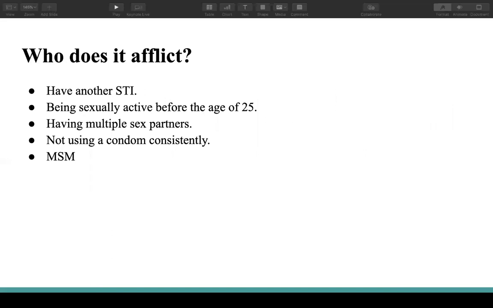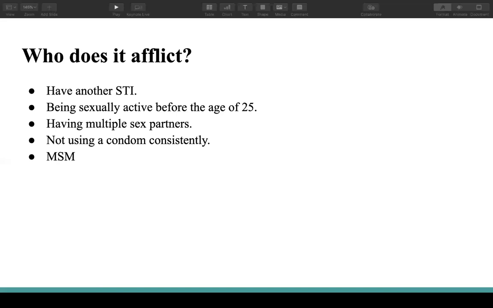Who does it afflict? Who has more chances to get chlamydia? People who already have another sexually transmitted infection, and people who are sexually active before the age of 25. It was actually mentioned in the article that there were more cases of chlamydia in women who were sexually active between the ages of 14 to 25.